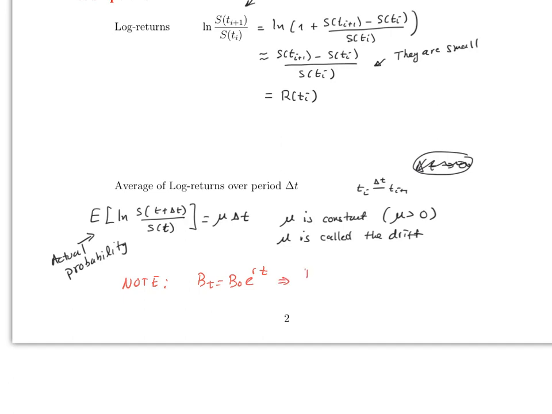So therefore this means that BT divided by B0 is equal to e to the RT, which implies that RT is equal to ln of BT over B0. So therefore, mu technically will play the same role as r does in this particular case, okay, for the money.